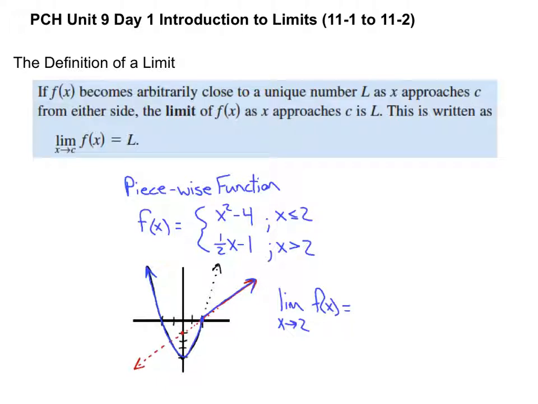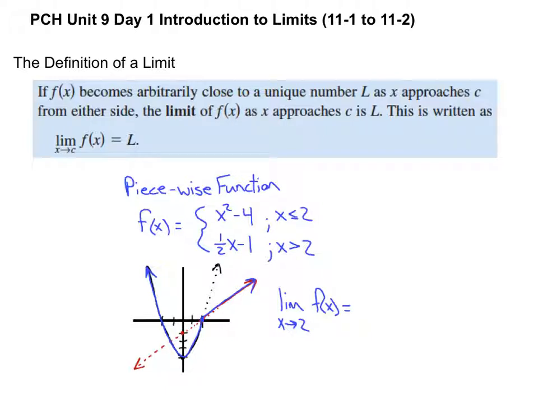All right, if we read the definition, it says, if f of x becomes arbitrarily close to a unique number L, in other words, the y-coordinate is approaching a value L, as x approaches c from either side, the limit of f of x as x approaches c is L. This is written as this notation here.